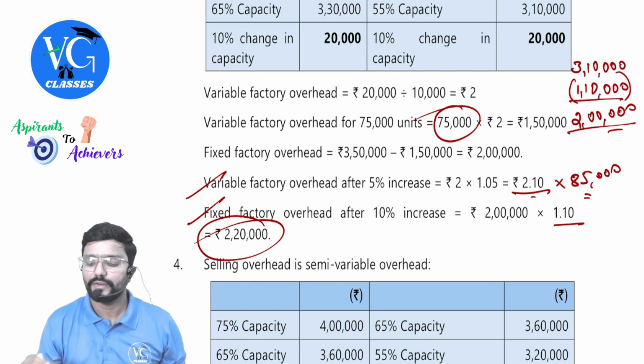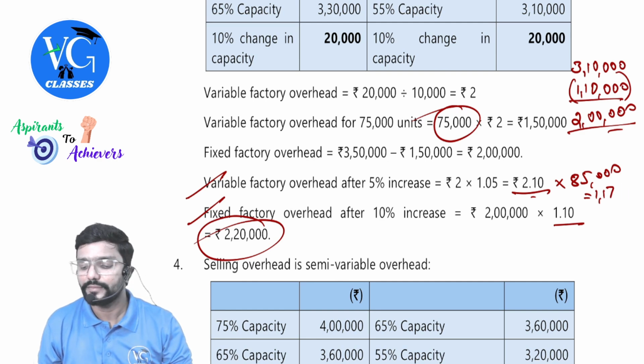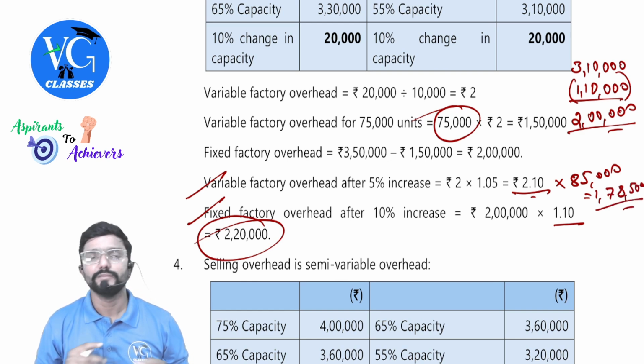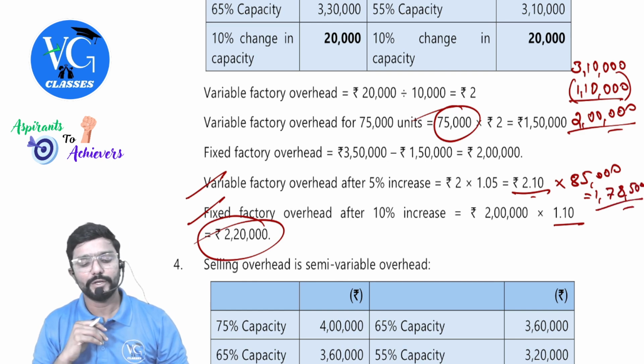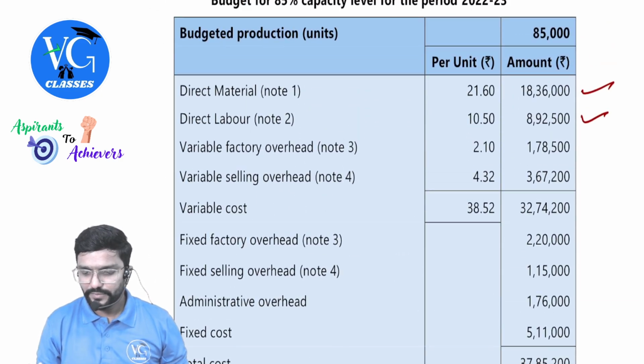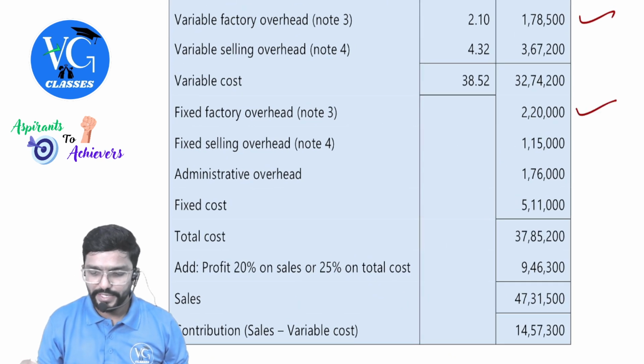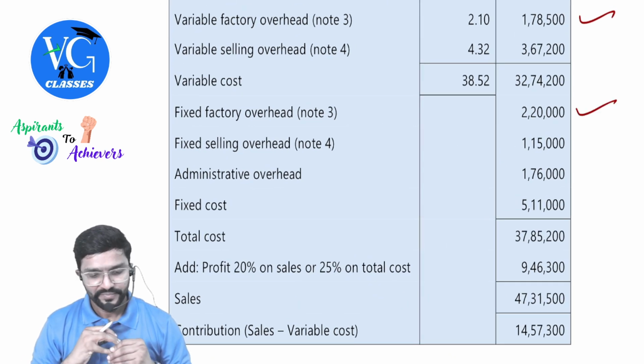How much? 1 lakh 78,500. So 178,500 and 220,000. Let us see how that is. 178,500 and 220,000. Okay, sir.